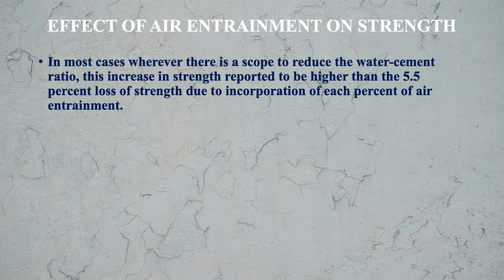In most cases where there is scope to reduce the water cement ratio, this increase in strength is reported to be higher than the 5.5% loss of strength due to incorporation of each percent of air entrainment, and that way we finally gain in strength by introducing air in the concrete.